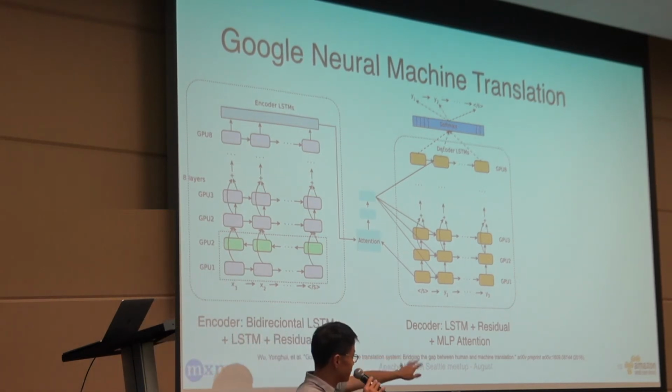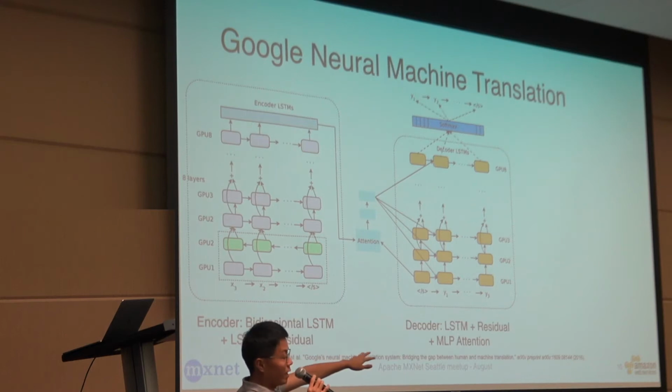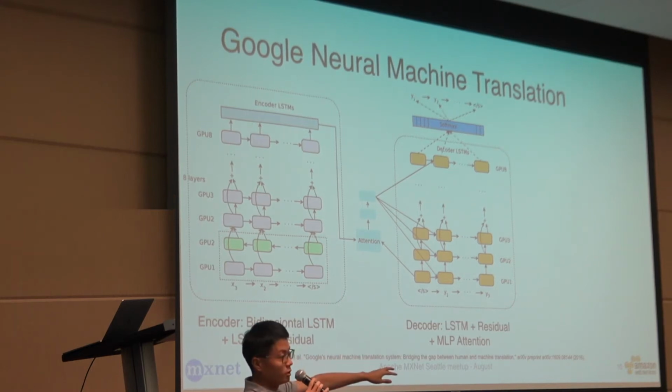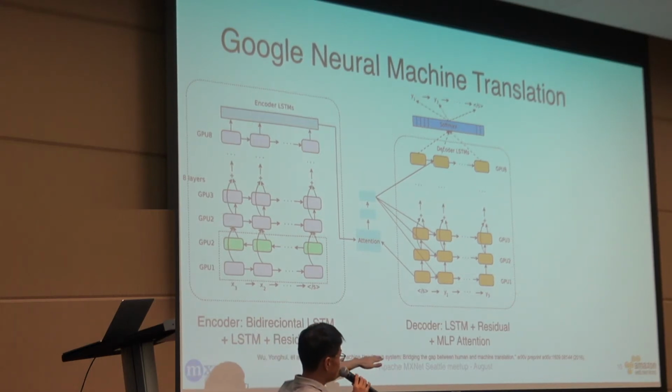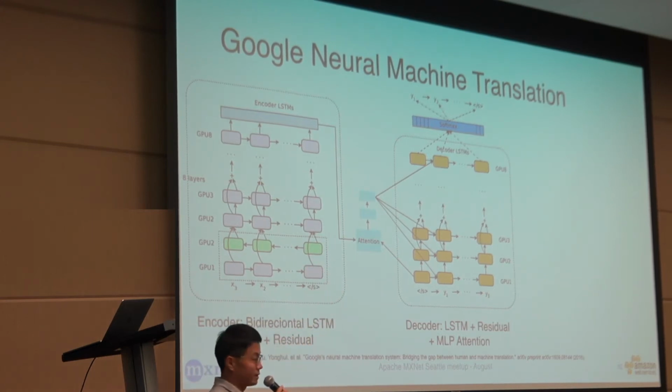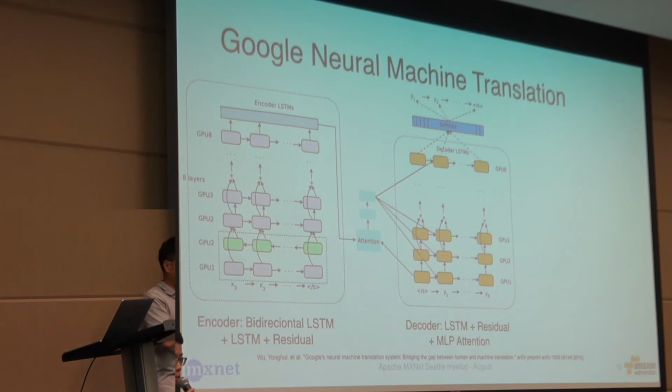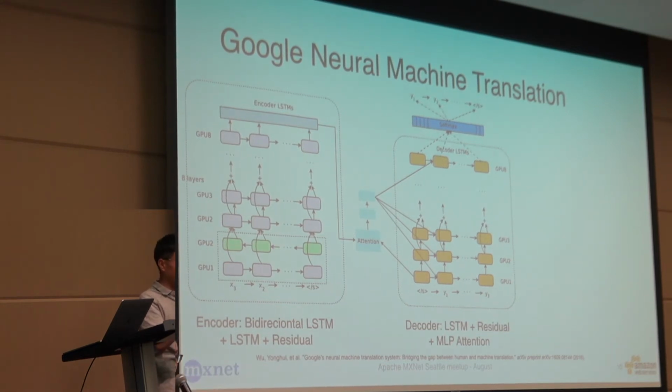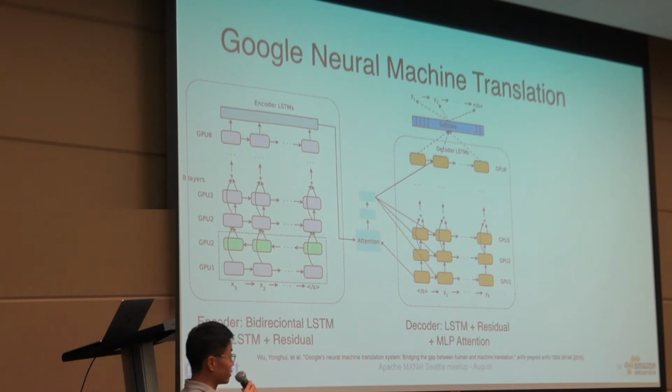The decoder has a very similar structure, but with MLP attention. It attends to the encoder's output, paying attention to the part of the encoder sequence that we want to focus on more, so that we can generate a better target sequence.